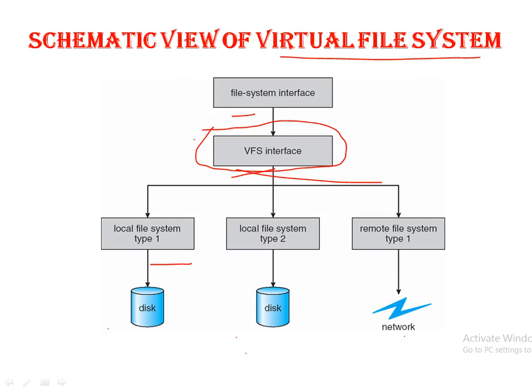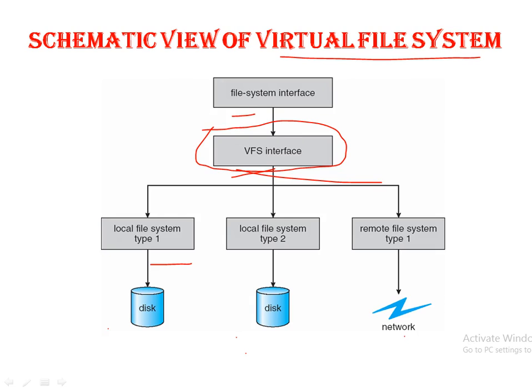Next, several implementations for the VFS interface may coexist on the same machine, allowing transparent access of different types of file systems mounted locally. It also provides a mechanism for uniquely representing a file throughout a network.